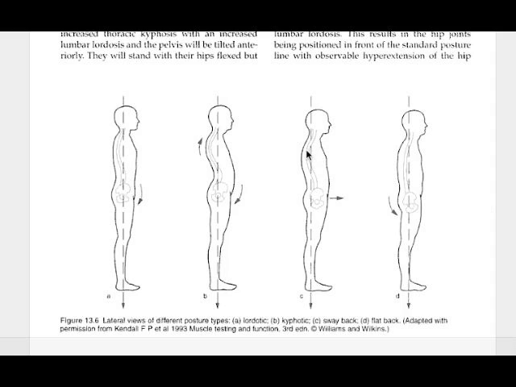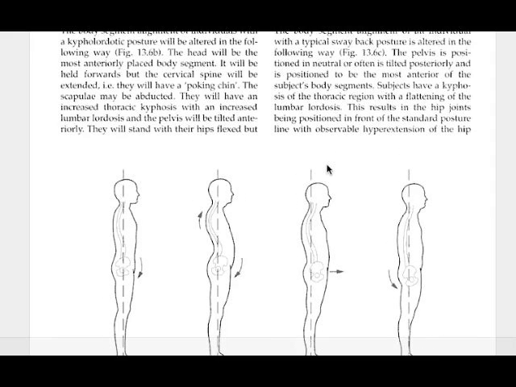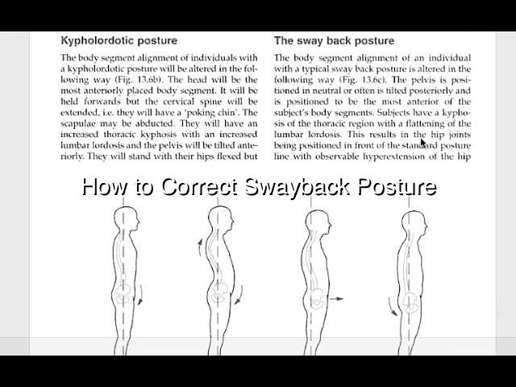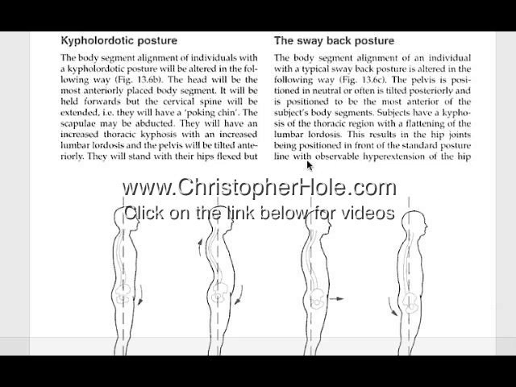So not only are the hips pointed forward, but the lumbar spine becomes flattened and the thoracic spine becomes rounded a little more. This results in the hip joints being positioned in front of the standard posture line with observable hyperextension of the hip and knees.